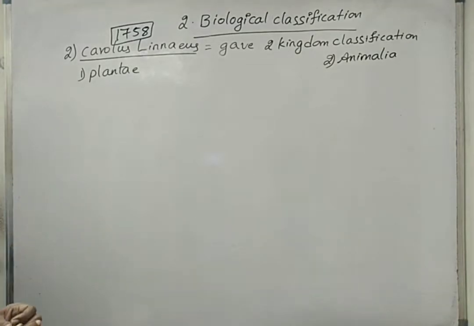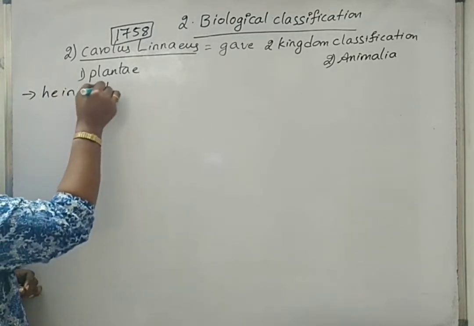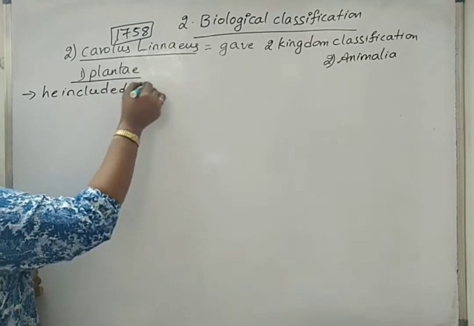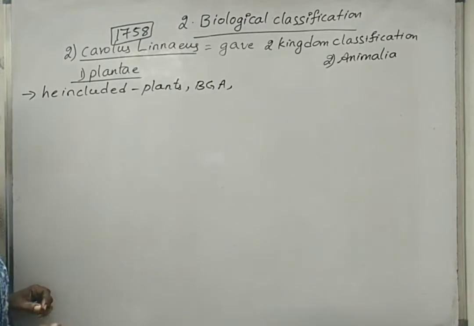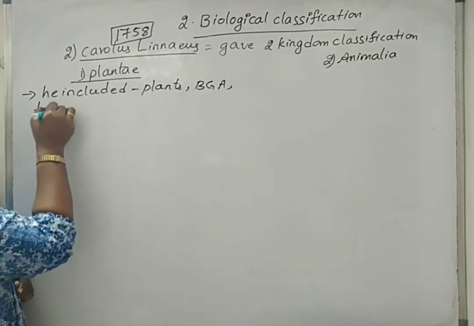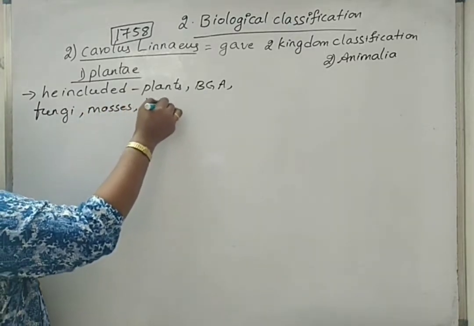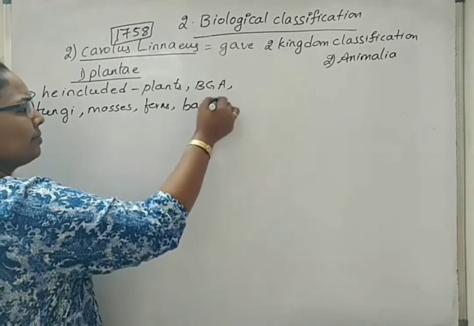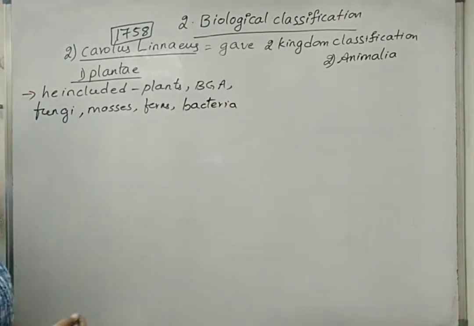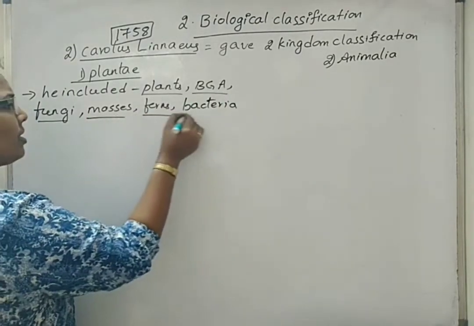So what are the characteristic features that he observed in the case of plants? In plants, he included plants, blue-green algae, fungi, mosses, ferns, bacteria.